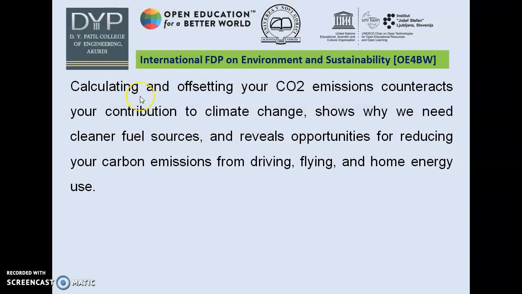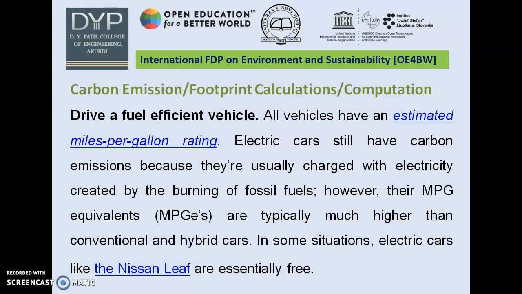So by calculating and offsetting your CO2 emissions, that means with the help of a CO2 calculator, we can calculate how much carbon dioxide is emitted by our everyday activities. Here are the carbon footprint calculations: drive a fuel efficient vehicle.